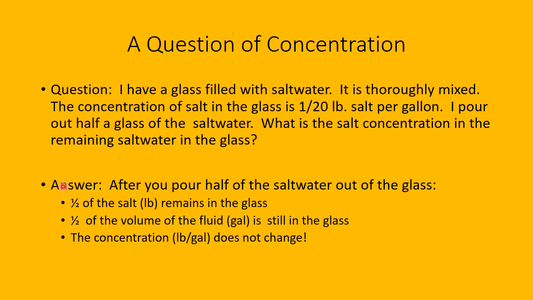To answer this question, we could look at it the following way. After you pour half of the salt water out of the glass, then 1/2 of the salt, measured in pounds, remains in the glass. 1/2 of the volume of the fluid, measured in gallons, is still in the glass. So when you look at the concentration of salt pounds per gallon, that concentration does not change.